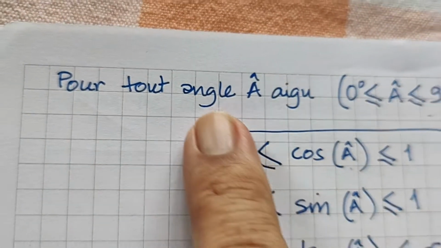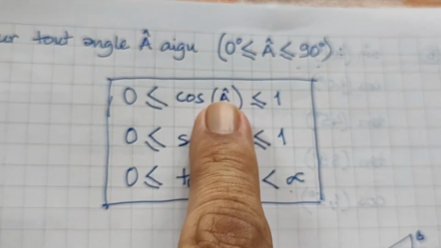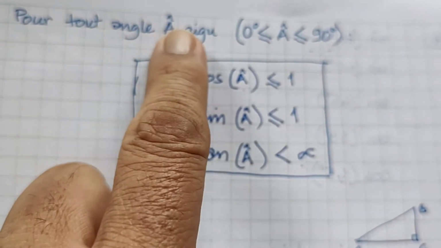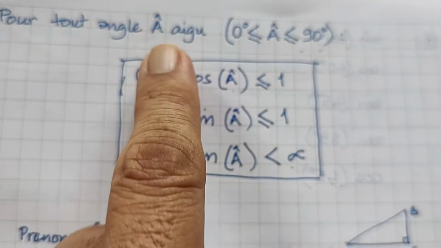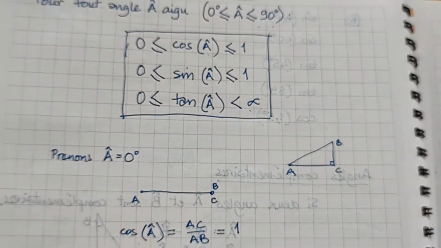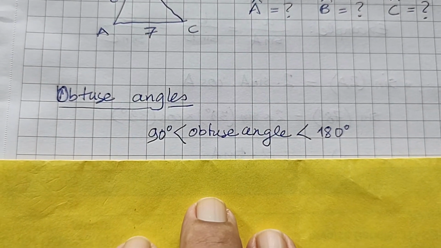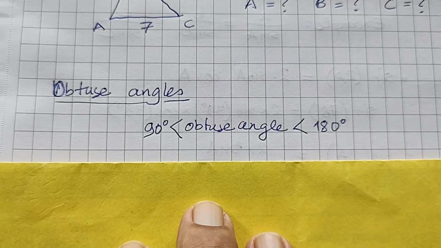When we took that, pour tout angle A aigu, and we found this, well actually this is limited to acute angles. For any angle, say 160 degrees, 140 degrees, you can still take trigonometry functions, but you cannot define them the way we have defined them.